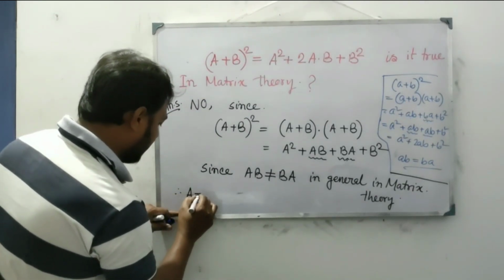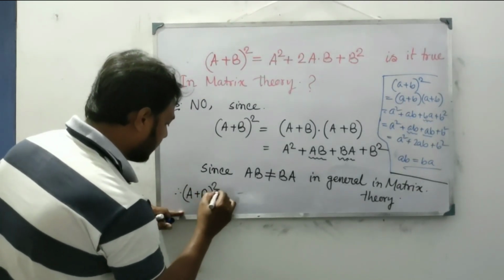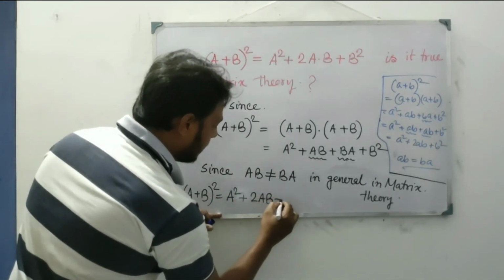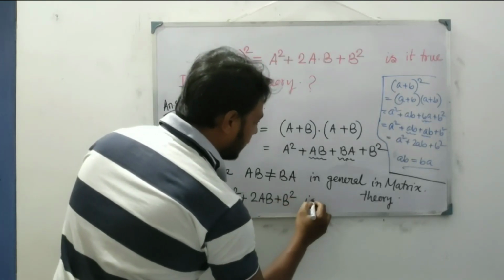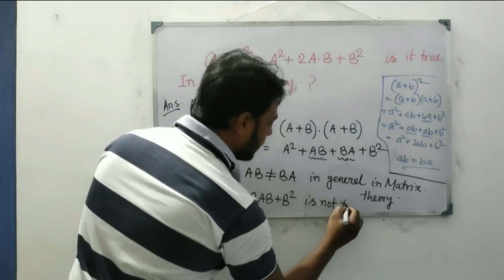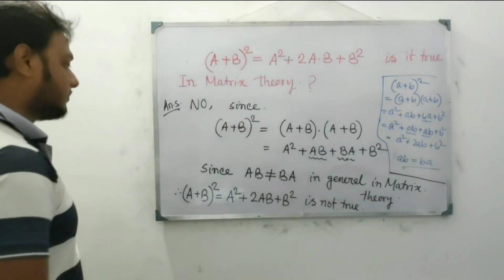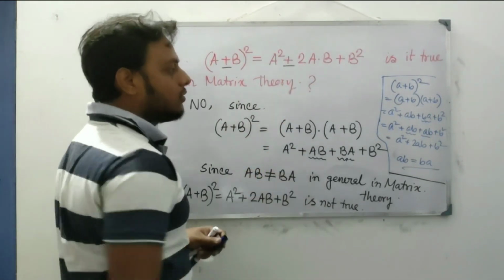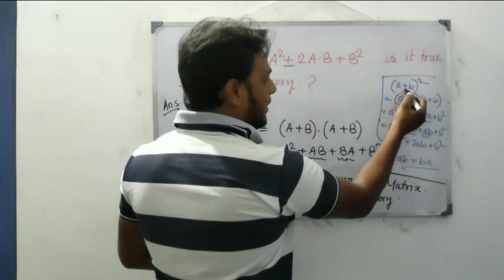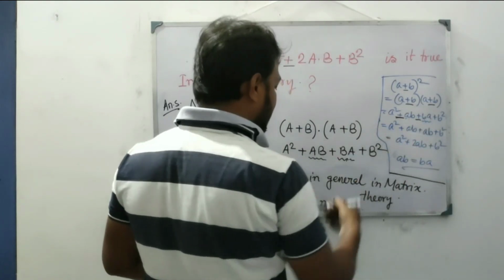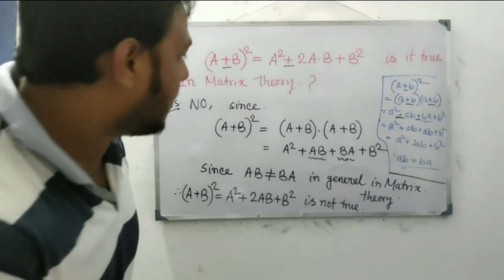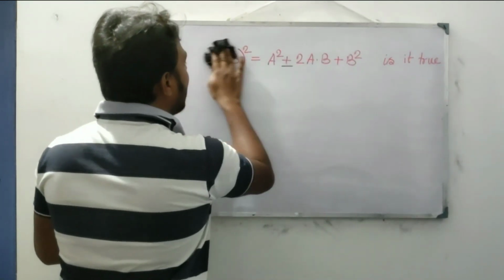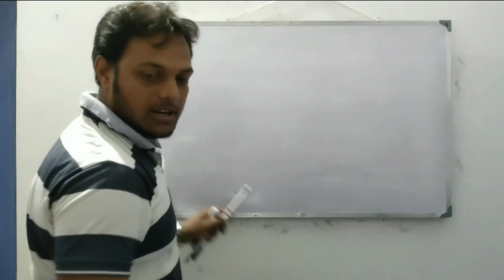Therefore, A plus B whole square equals A square plus 2AB plus B square is not true. Okay, understood? Similarly for minus it is also not true. Here if we consider minus, then minus, and these two are the same thing, so this property is not true. In short, the answer is, since matrix multiplication is not commutative, it is not true.